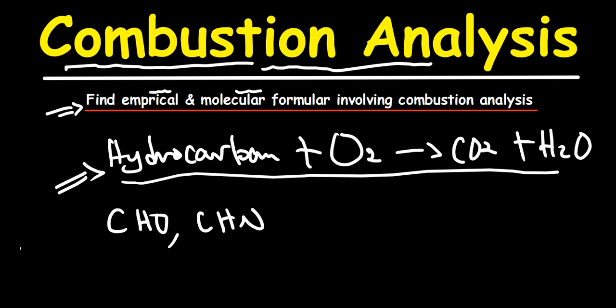But the main elements that will be found in this hydrocarbon that is being burnt in oxygen will always be what? Carbon and hydrogen, hence the name hydrocarbon. So whenever you get any hydrocarbon and you burn it in oxygen, you are going to produce what? Carbon dioxide and water.